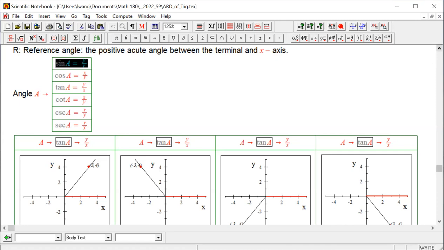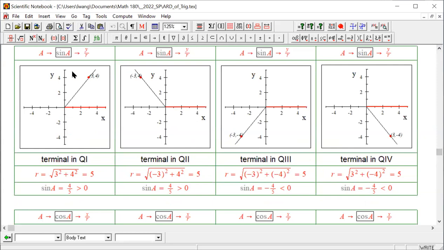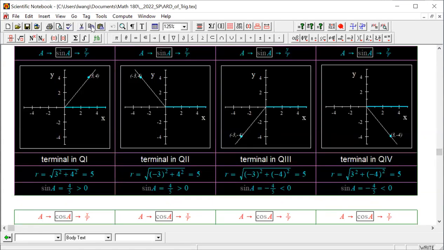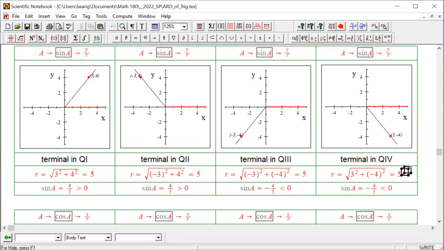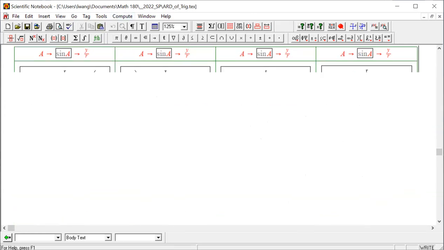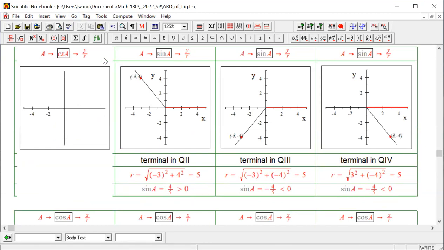So I'm going to bring back my sine, which is right here. And next to the sine I have just studied, I'm going to add the new rule, cosecant.